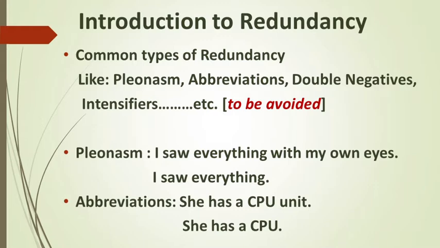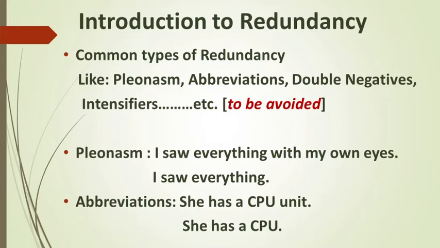The second one is the use of abbreviations. We use abbreviations instead of a word or a clause. That means it is the short form of a word or a clause. It is used to make the sentence simpler and more direct. So, example, she has a CPU unit. She has a CPU.